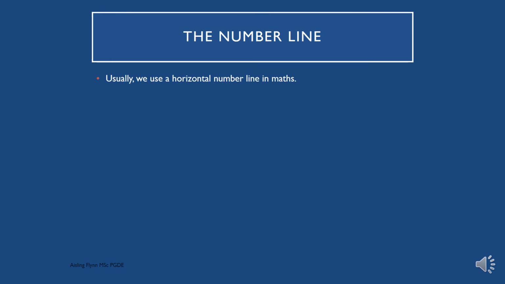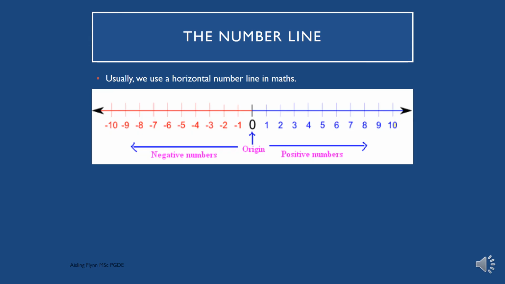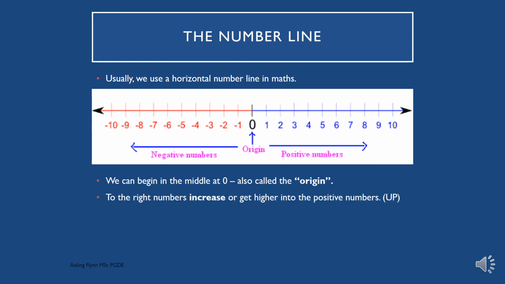Now, usually we don't use a thermometer, we use a horizontal number line. So instead of going up and down, we go left and right of 0. We can begin in the middle at 0, and this is sometimes called the origin. The word origin means where you start. To the right, numbers increase or get bigger and get higher into the positive numbers.